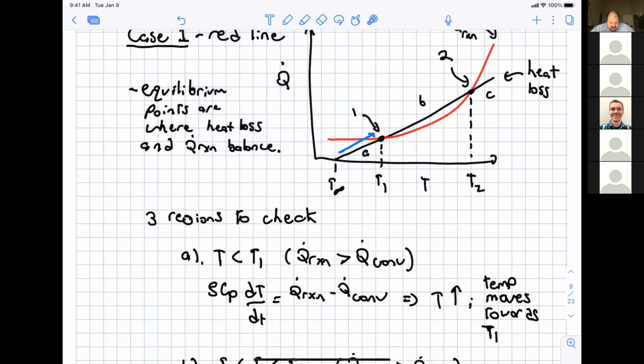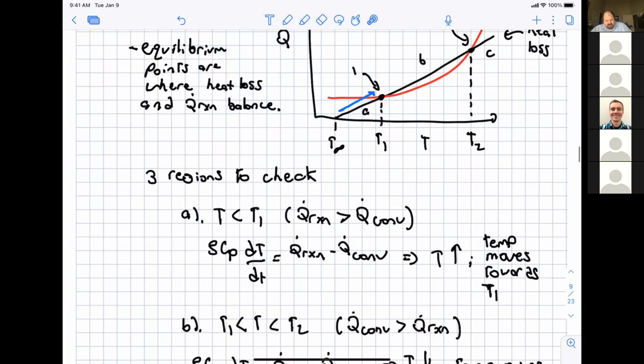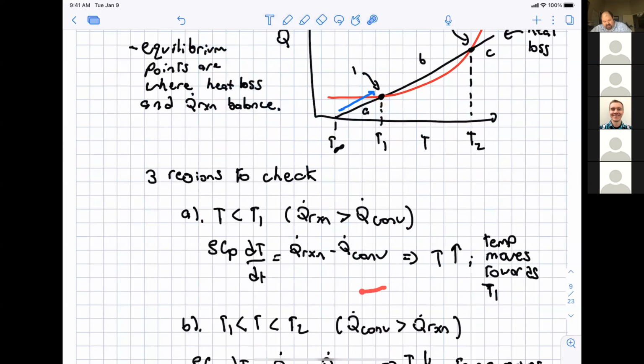And our ODE here for the rate of temperature is first order. And what first order means is that there aren't any inertia effects. So basically our system here, because it's first order, can't overshoot T1 and then wind up over here. So if it starts here, it will go nice and slow and stop at T1. Okay, so are there any questions with this?